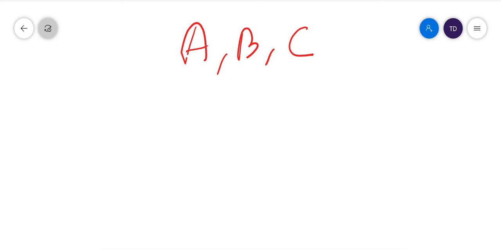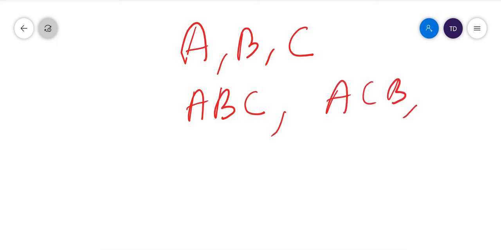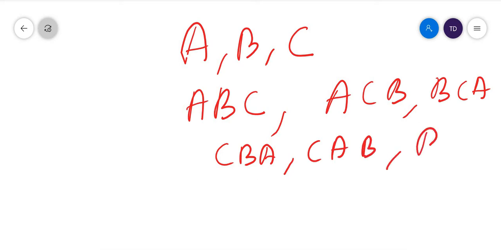We are taking all at a time, which means all three. Then it can be ABC, ACB, BCA, CBA, CAB, BAC. Like this, we can group it in different ways.